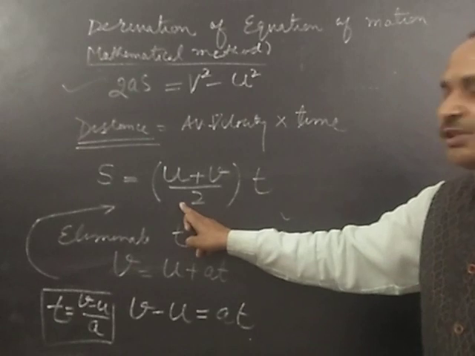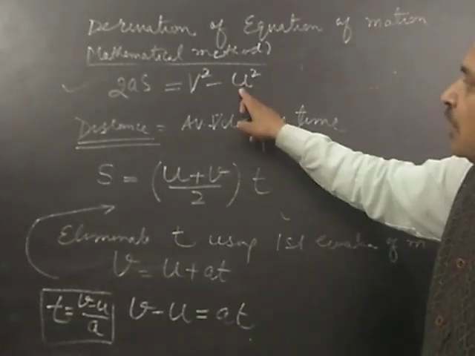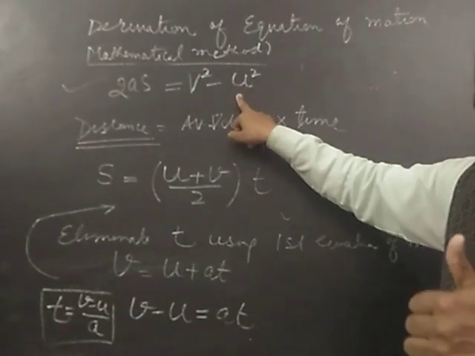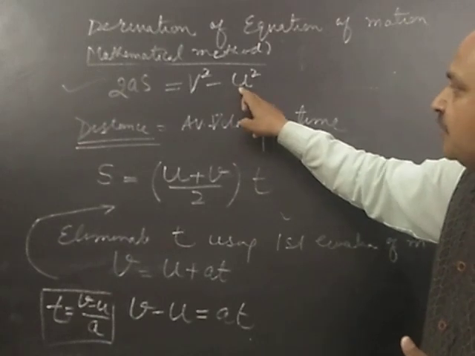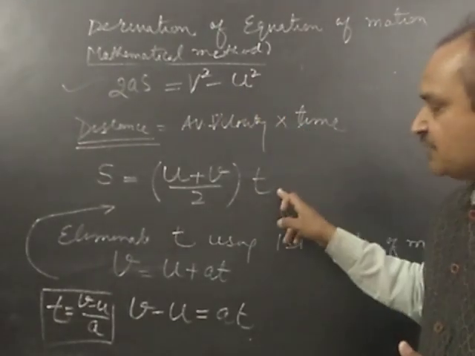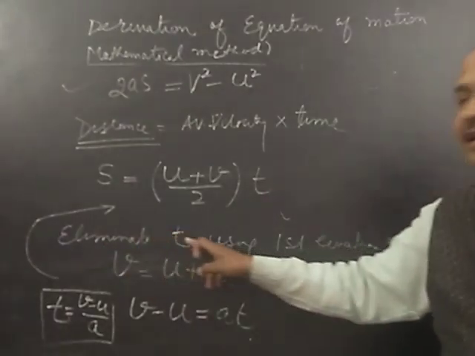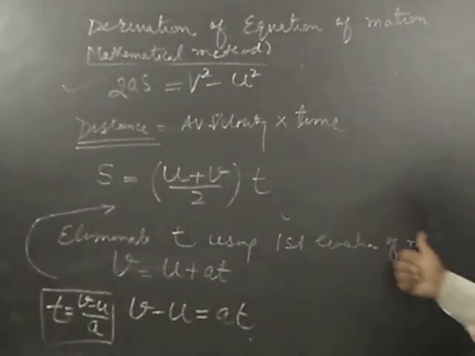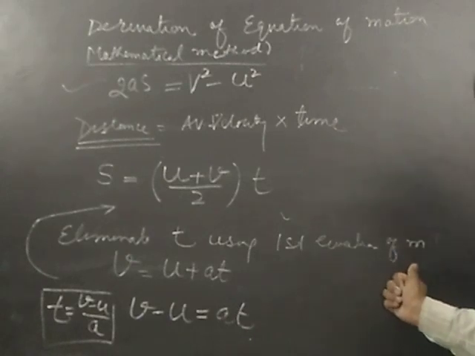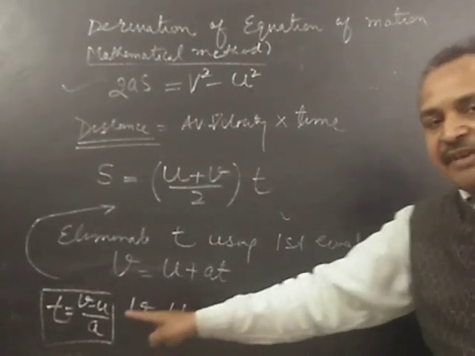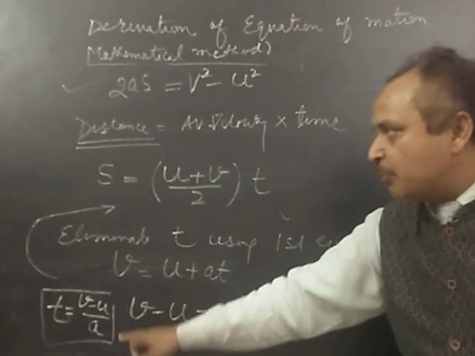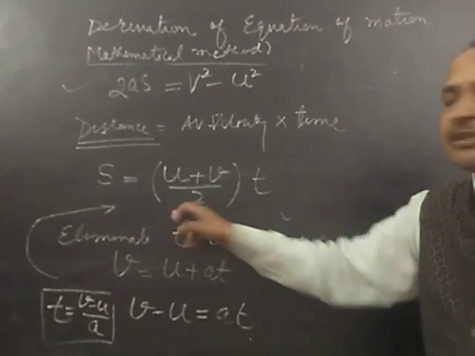Average velocity is this. When I look into this equation which I have to derive, I find that there is no t, whereas we have it here. So I will eliminate the t, by using the first equation of motion. From here I have taken out the value of t. Now I will put this value of t in this equation.